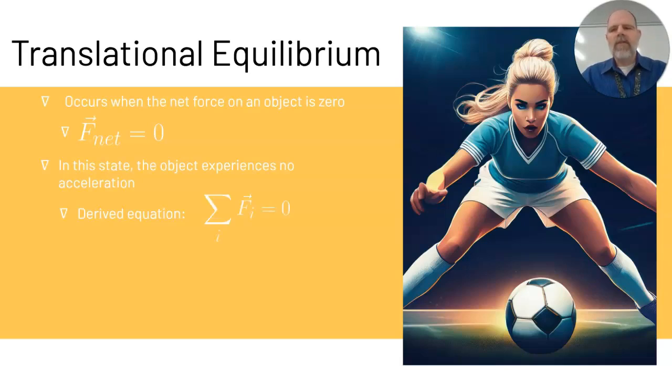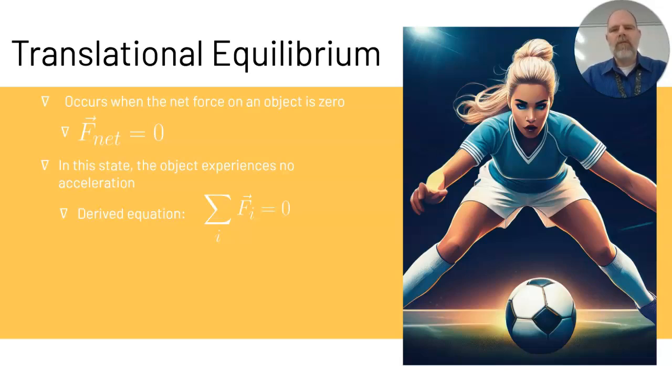So we have a derived equation for translational equilibrium: the sum of forces is equal to 0. We have an index of i, and the forces are F sub i. However many forces we have in total, so let's say i goes up to 3, we would have force 1 plus force 2 plus force 3.